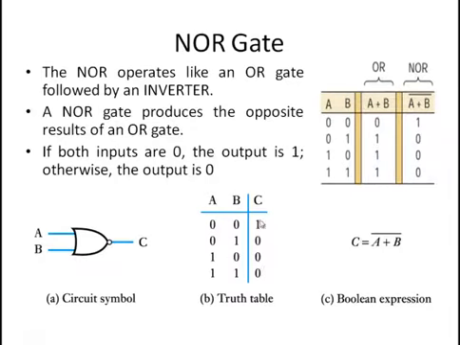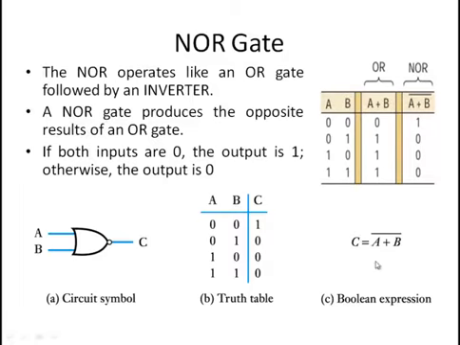Next is the NOR gate. The NOR gate is somewhat similar to the OR gate except for this circle which is attached here. So we can say that NOR operates like an OR gate followed by an inverter.